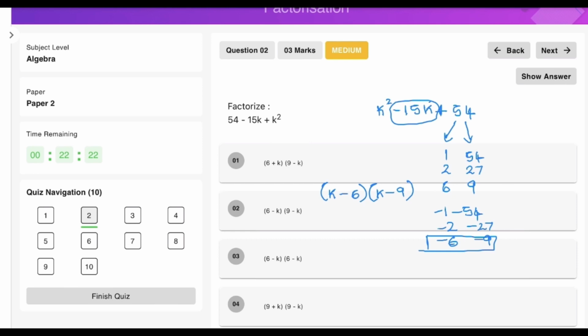So another way that we can write this is basically multiplying both the brackets by negative 1. So that would be 6 minus k and 9 minus k. So that would be option number 2.